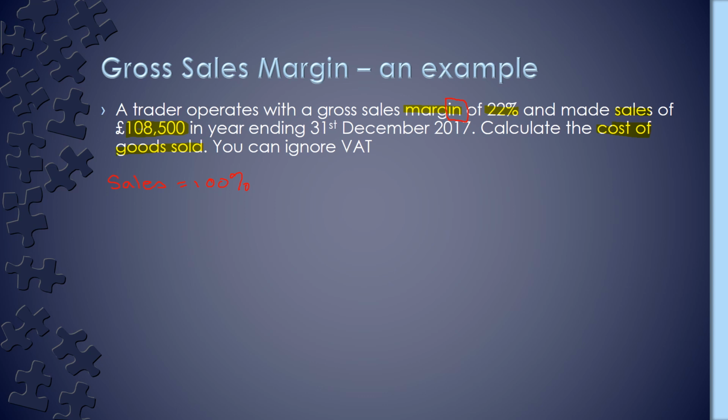So if the sales equals 100%, it means that 108,500 equals 100%, and we're given a margin of 22%. So this means cost of sales is going to equal 100% minus 22% margin. So our cost of sales is actually going to be worth 78%.